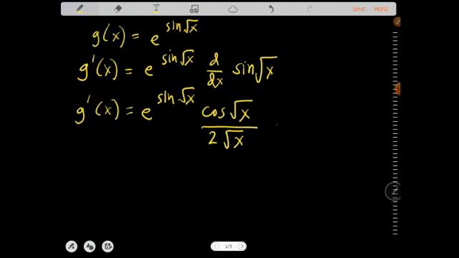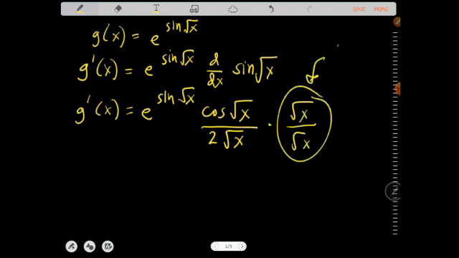Now, we can simplify this by multiplying it by 1. So, what 1 will we use to eliminate the radical below? That is square root of x over square root of x. Simply, this is just equals to 1. Okay, so nothing changes. We just eliminate the radical.